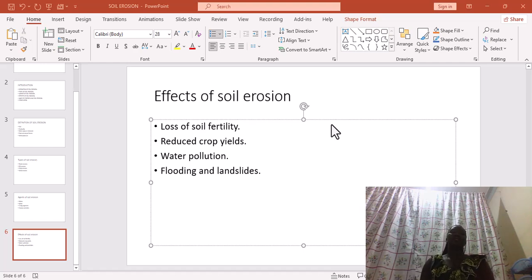And the third one I'm going to talk about is water pollution. This occurs in a way that, for instance, if a farmer applies fertilizers, pesticides and heavy metals, once it rains, those materials will be carried into the rivers or the lakes.